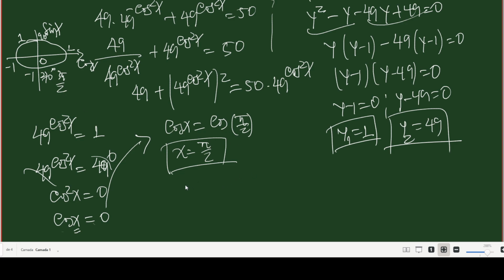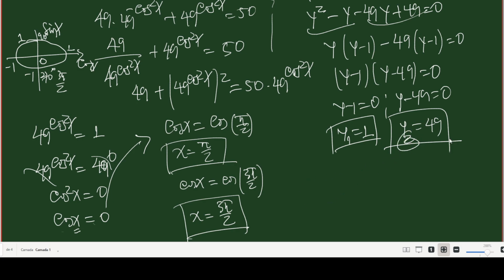So we're going to have cos of x again equals cos of 3 pi over 2, and then x equals 3 pi over 2. This is another solution.